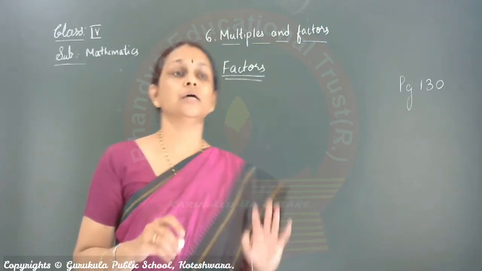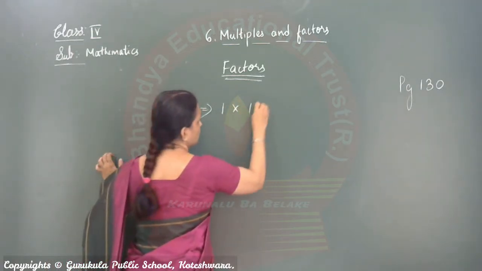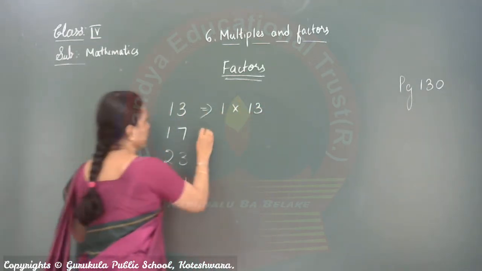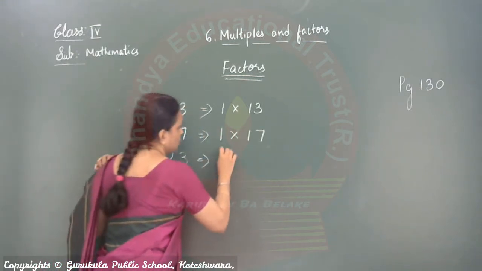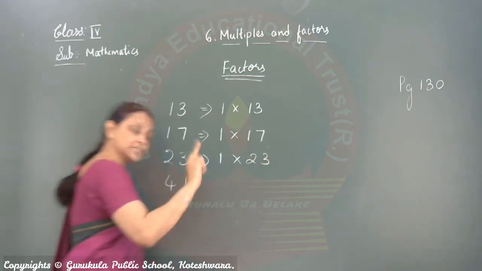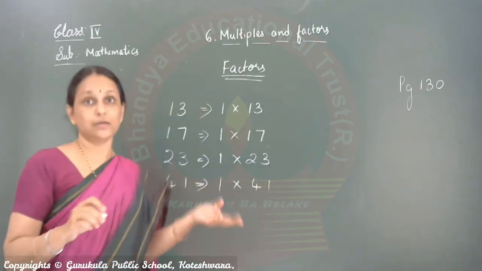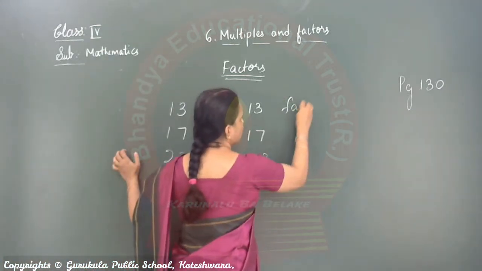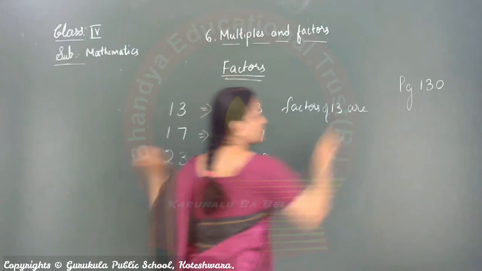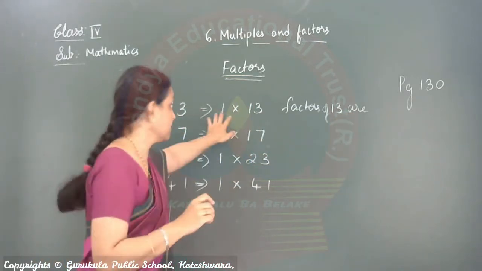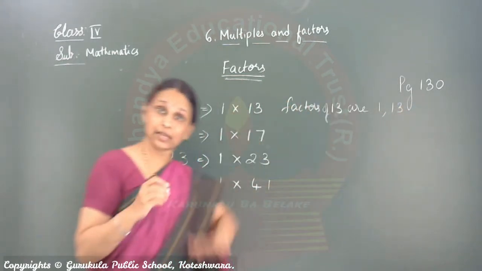I will tell you why. See, how will you write 13? Only 1 13s are, or 13 ones are. Here 1 17s are, or 17 ones are. Here 1 23s are, or 23 ones are. 1 41s are, or 41 ones are. So, what are the factors of 13? 1 and 13. 1 and itself.